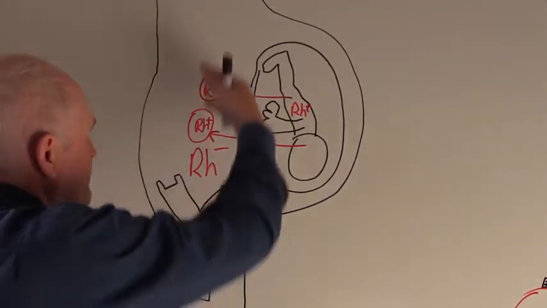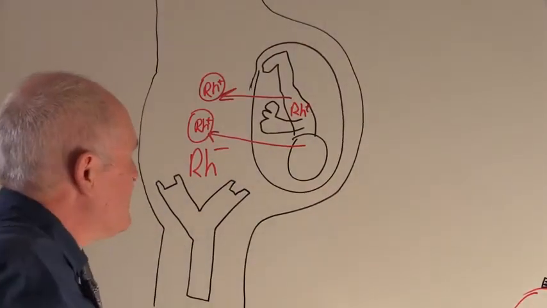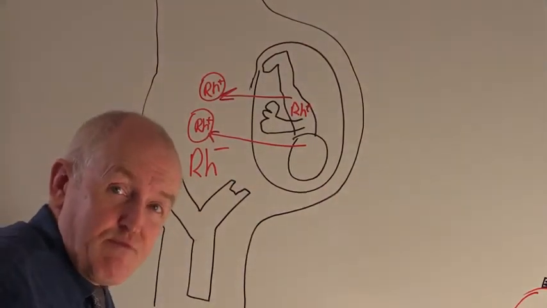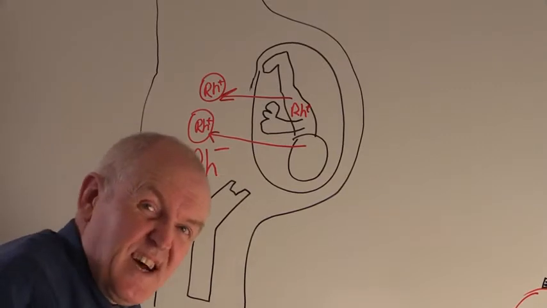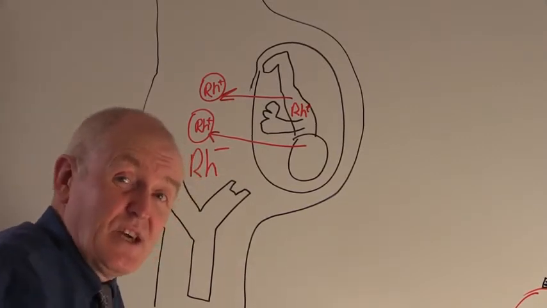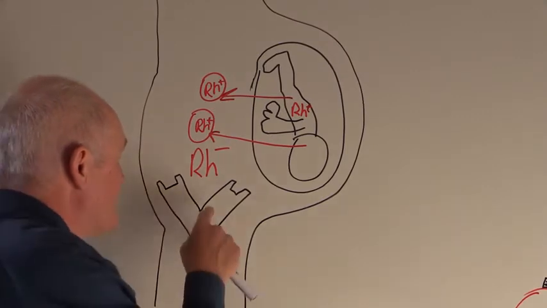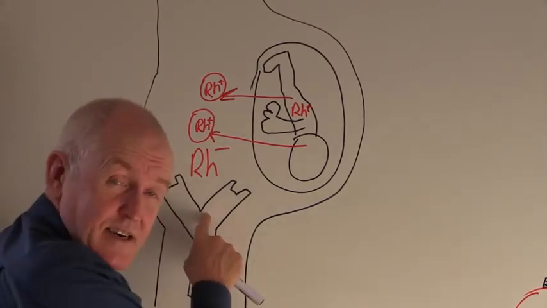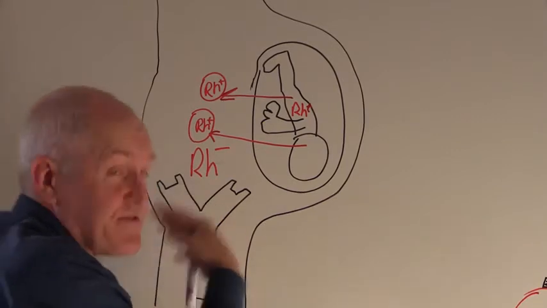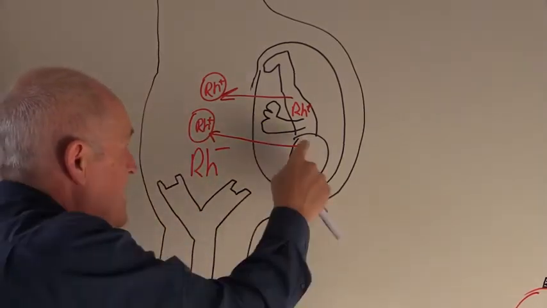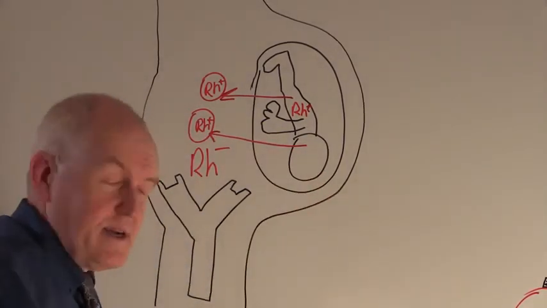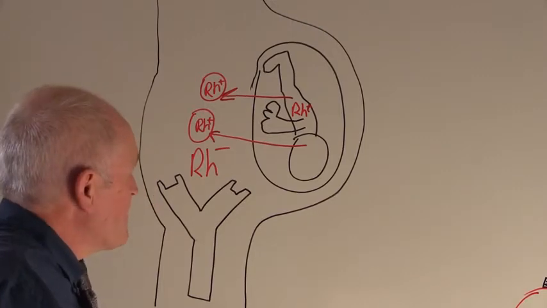Now, this baby is going to be born, and during the first pregnancy there's not usually any problem because most of the sensitization is likely to take place during the birth of the child. So by the time the mother develops the rhesus factor antibodies after the delivery, it's okay because the rhesus positive baby has already been delivered.